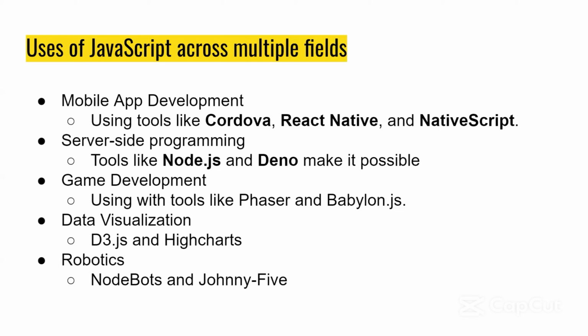Initially, I think Java was the core language used in developing mobile applications, where you hear people talking about Kotlin, and you hear guys talking about Flutter. Basically, those were the technologies behind mobile app development. But now you see JavaScript also entering that space using some of these tools I've highlighted here: React Native, NativeScript, Cordova.